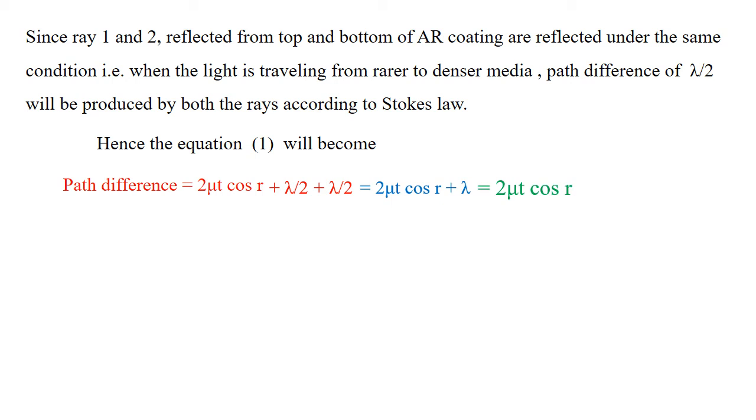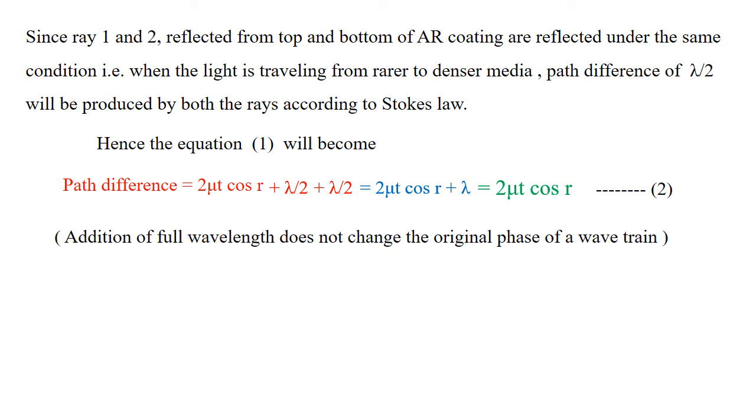We can write this as equal to 2 mu t cos r, because addition of a full wavelength in a path difference equation does not change the original phase of a wave train. If lambda by 2 gets added, then only the phase of a wave will get changed.